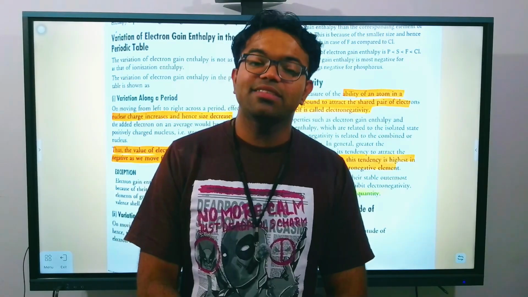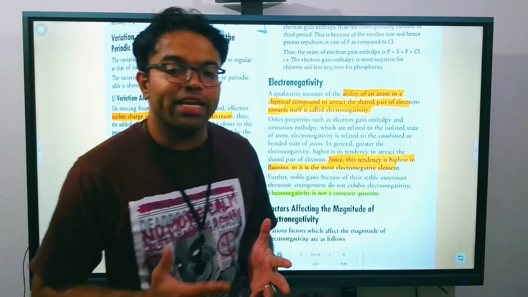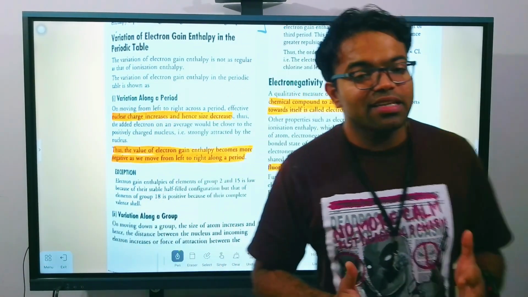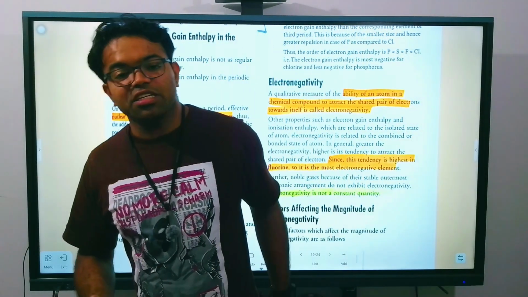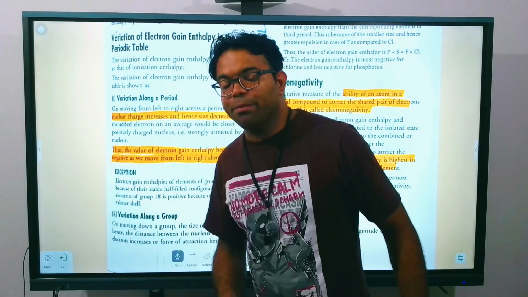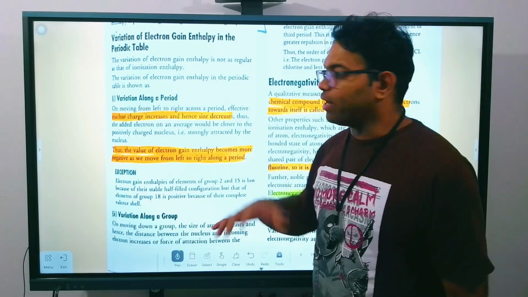So that is the significance of electron gain enthalpy. It is somewhat opposite to that of ionization enthalpy. Ionization enthalpy more positive, electron gain enthalpy more negative as we go from left to right.